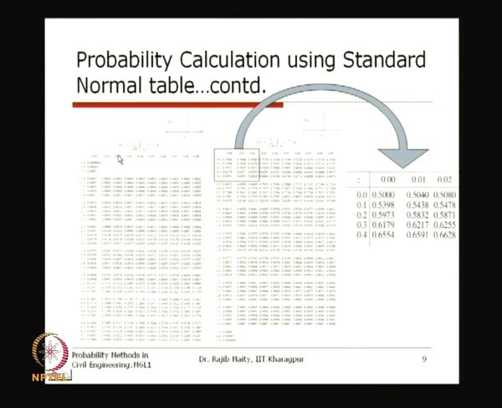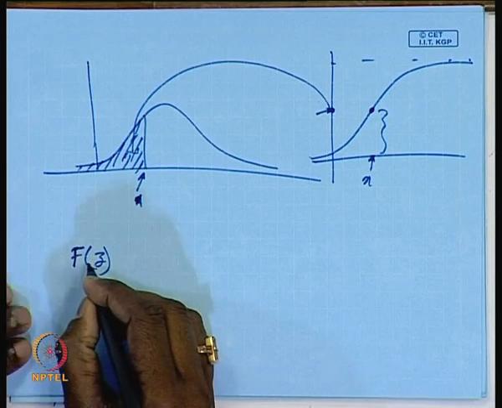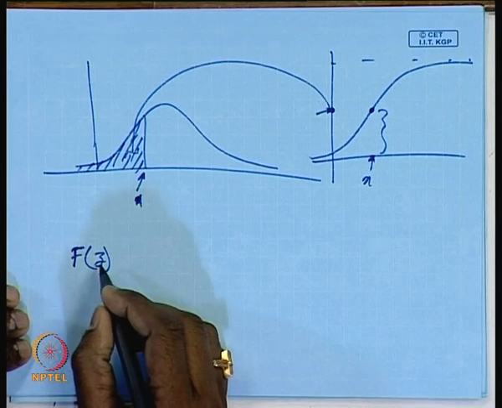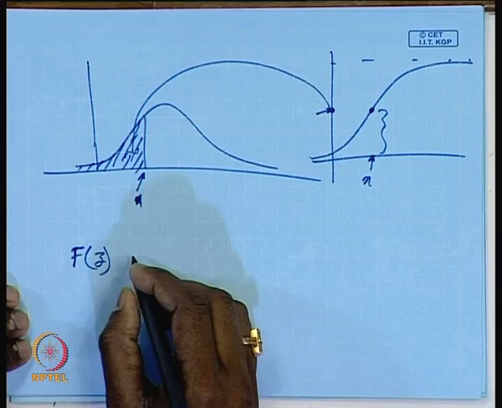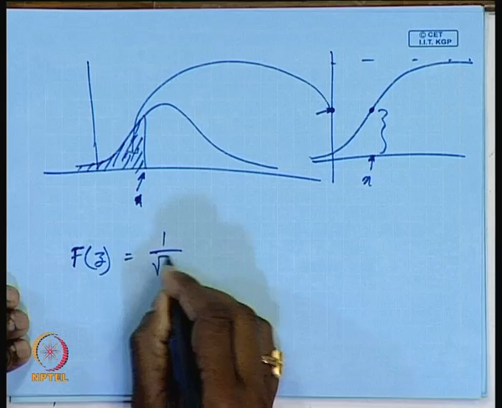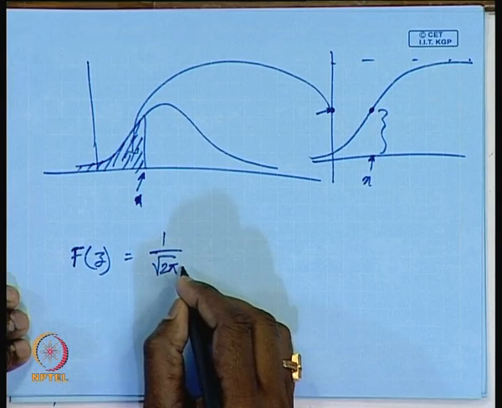This is the cumulative form that is shown here, that is F of z, where z is the reduced variate, and capital F refers to the cumulative distribution function for the standard normal distribution, which equals 1 by square root 2 pi. We are supposed to multiply by sigma, but sigma is 1.